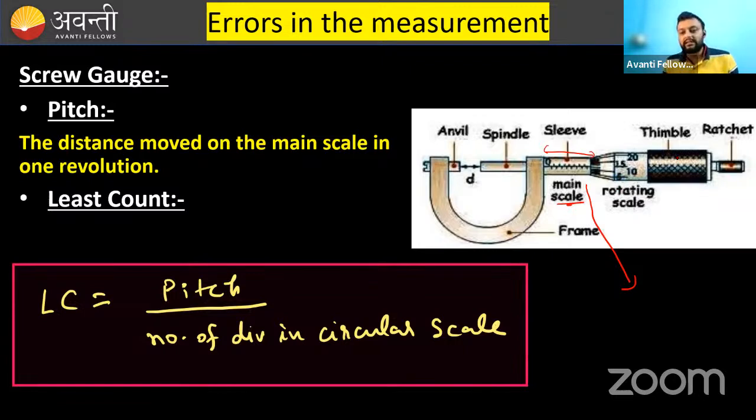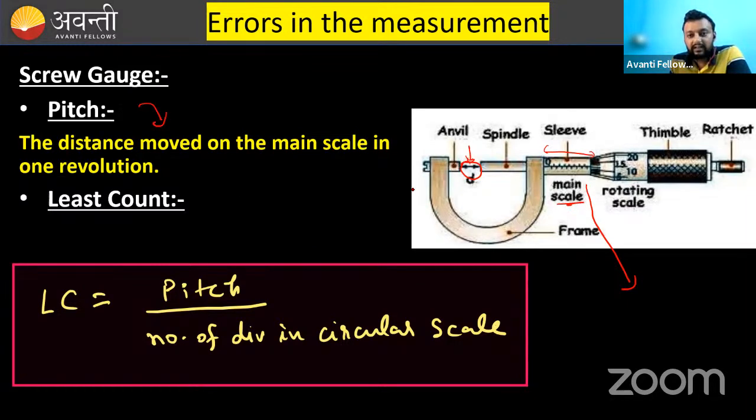What we do is this screw is rotated, and the thing whose diameter or thickness is to be measured is placed in this gap. For example, we can place a small ball here, or a wire. These are the jaws. Now, there are two formulas. One is pitch.